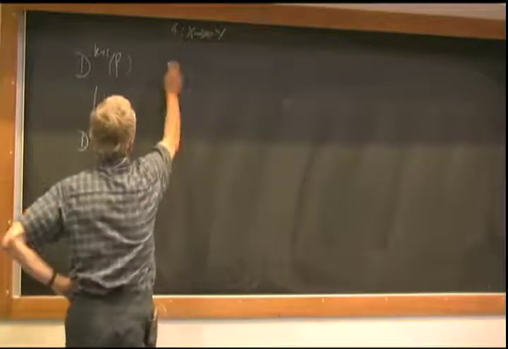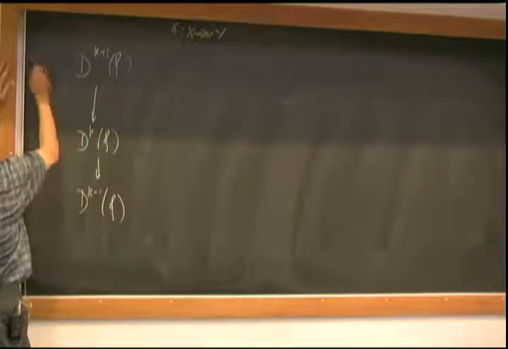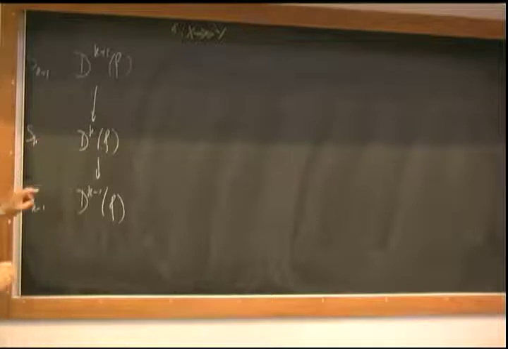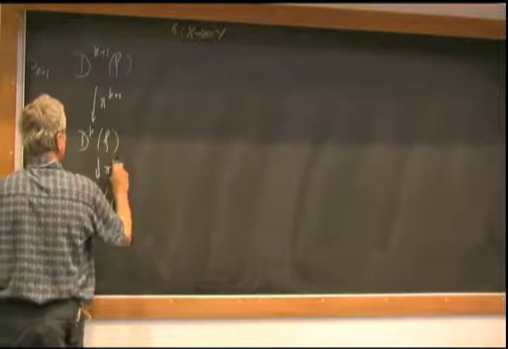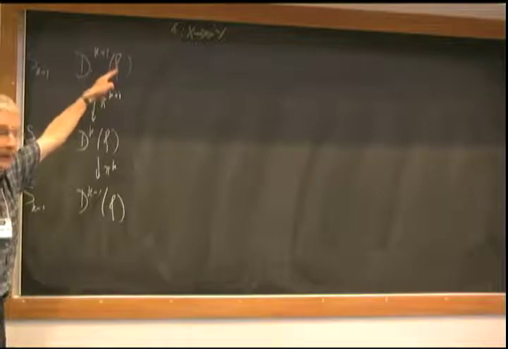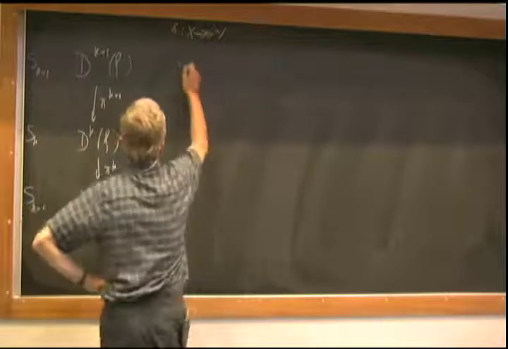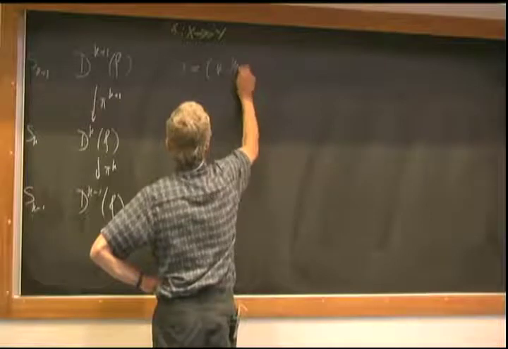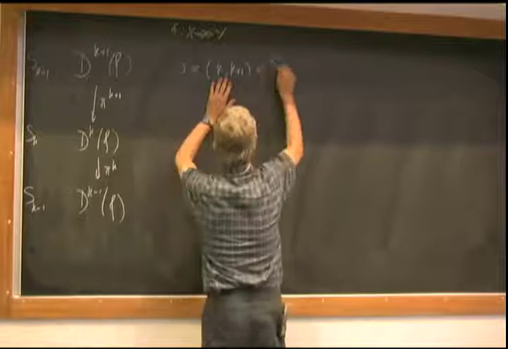So we've got a symmetric group action here, the symmetric group S_{k+1}, and the symmetric group S_k, and the symmetric group S_{k-1}. And I've got this map pi_{k+1} and pi_k. Pi_{k+1} forgets the last of the k+1 copies of X, and this forgets the last of the k copies. And now notice the following. Suppose I take sigma equal to the transposition (k, k+1). That's a permutation in the group S_{k+1}.